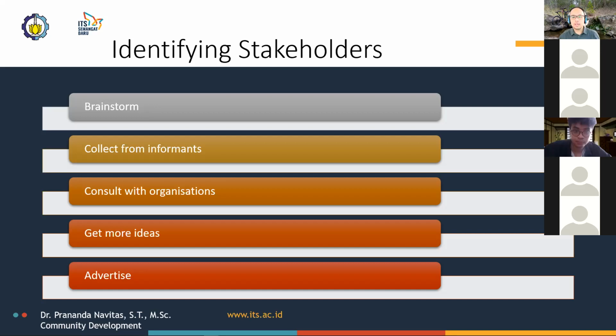Given that there are a number of ways to identify stakeholders, often the use of more than one method will yield better results. So one way of identifying stakeholders is to brainstorm: get together with people in your organization, officials, and other people who are already involved in or informed about the effort, and start calling out categories and names. Part of the point of brainstorming is to come out with anything that comes to mind, even if it seems silly.